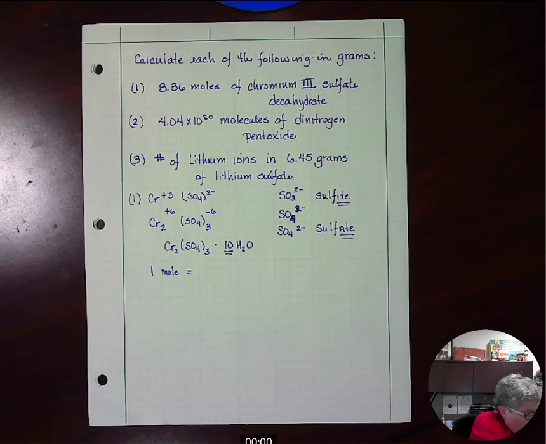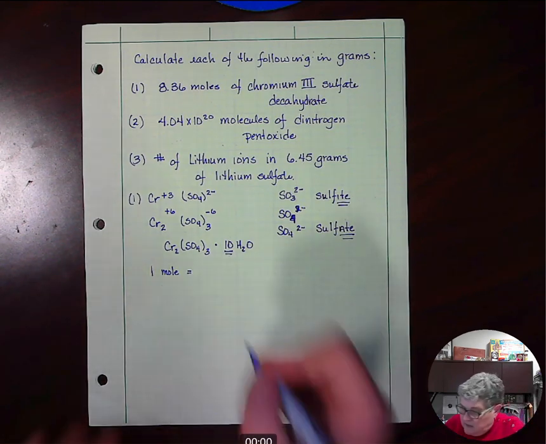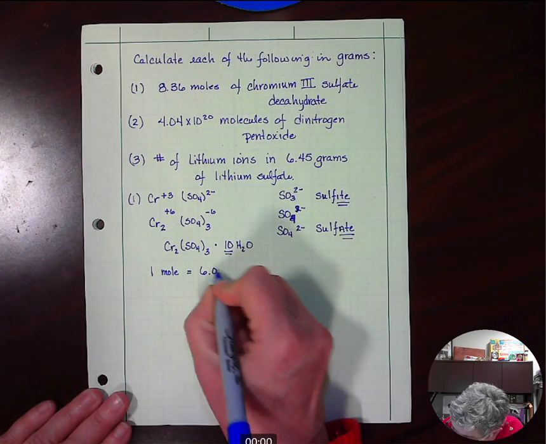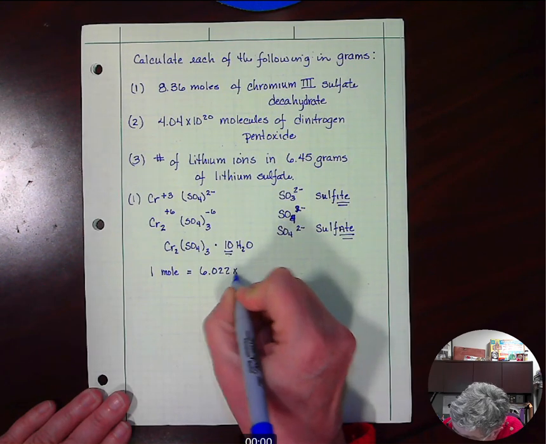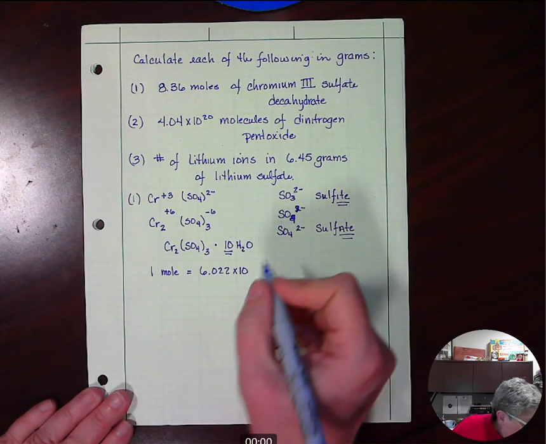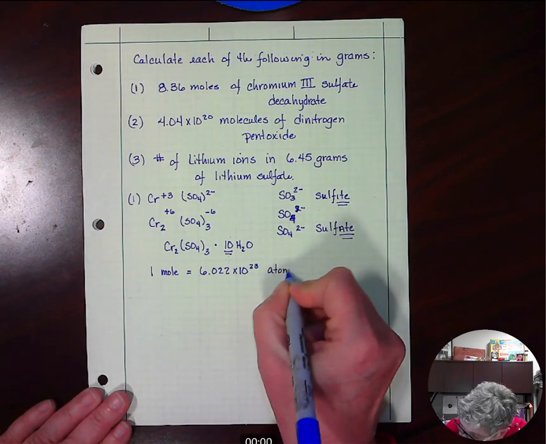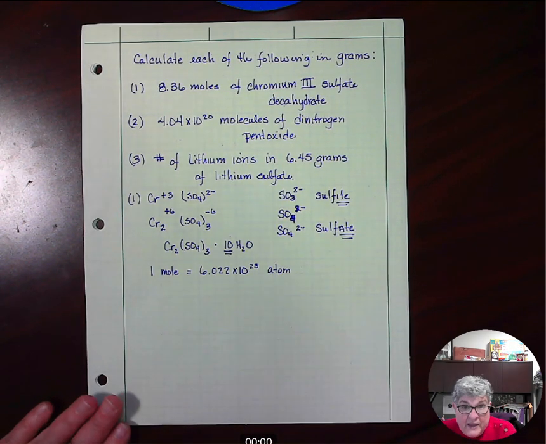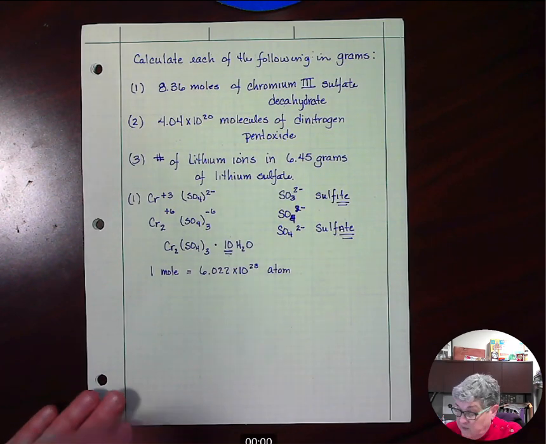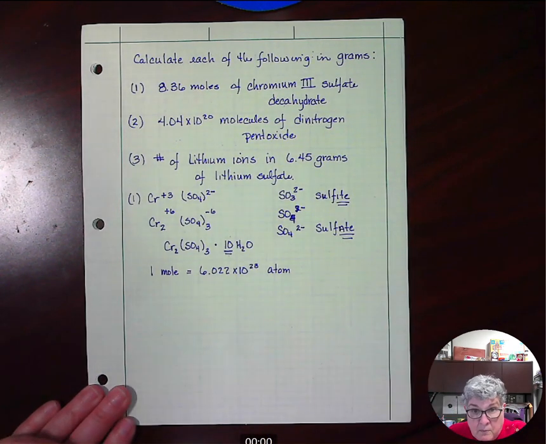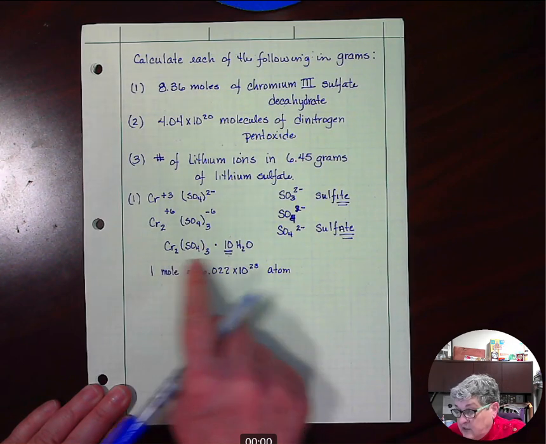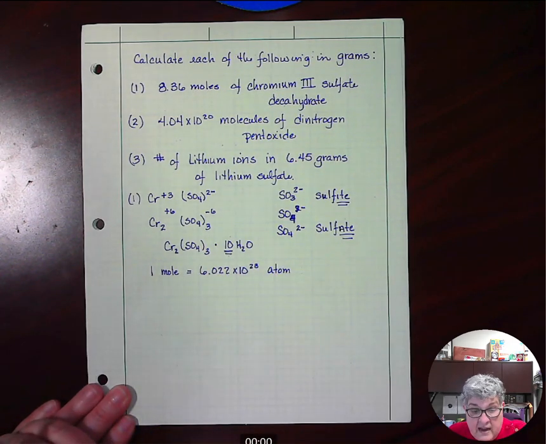My mole is defined as 6.022 times 10 to the 23 atoms. All right, but we know we can do a molecular formula and find out grams per mole. So let's go ahead and do our molecular formula and find out grams per mole.